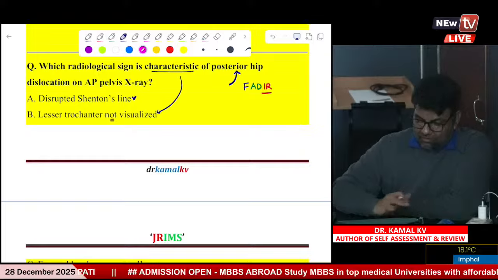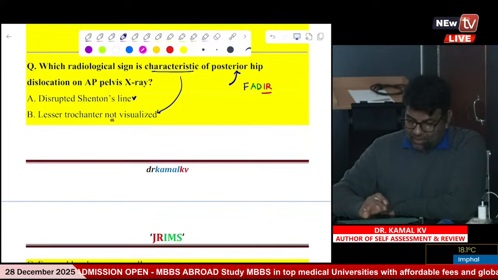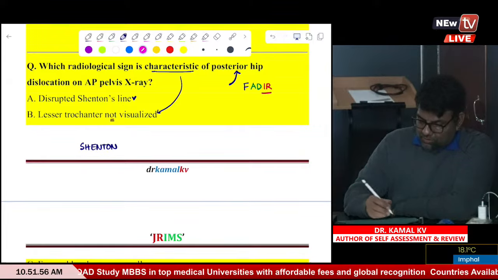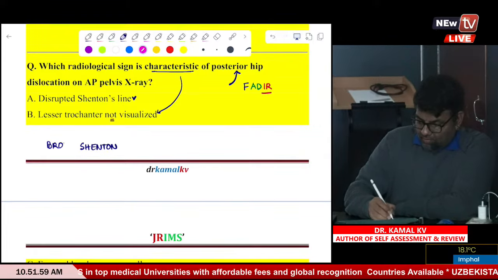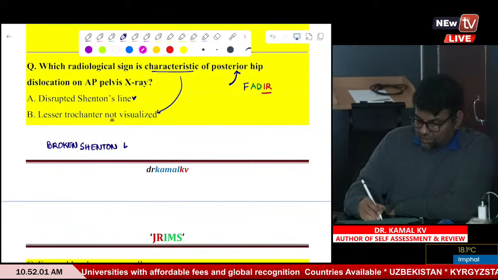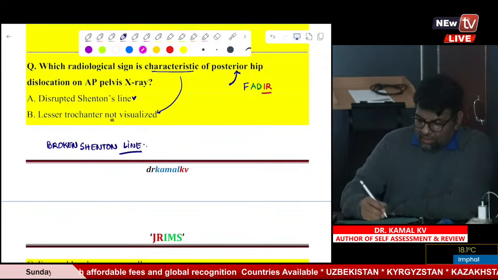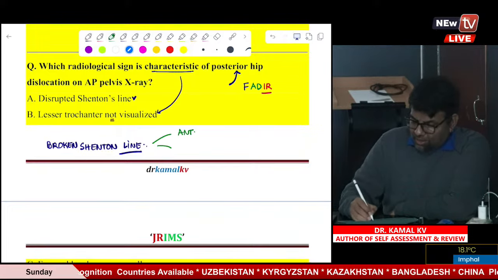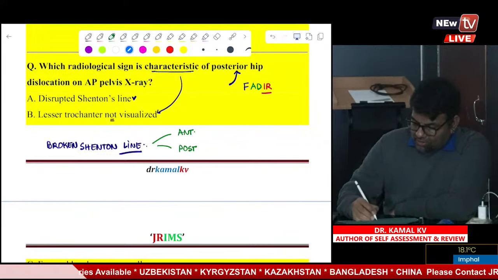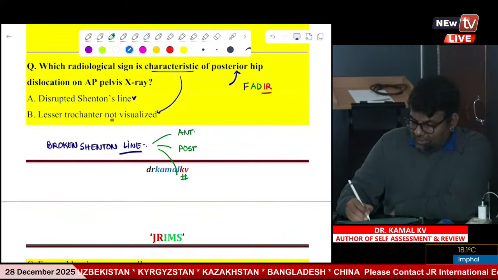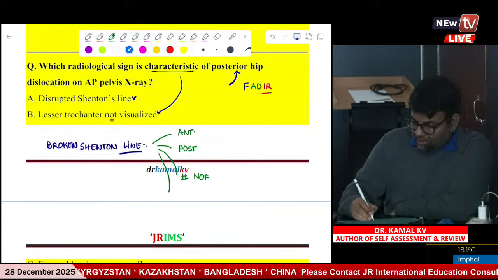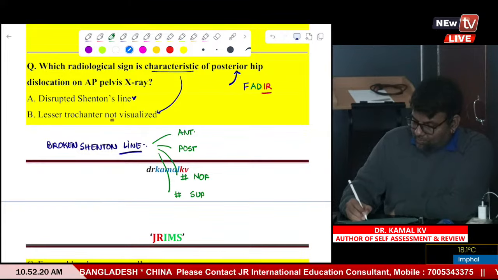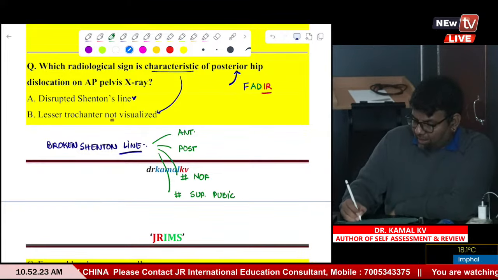This is also seen, but it is not specific. Shenton line can be broken in many conditions. So if I write broken Shenton line, it can be broken in anterior hip dislocation, it can be broken in posterior hip dislocation, it can be broken in fracture neck of femur, it can be broken in fracture superior pubic rami.